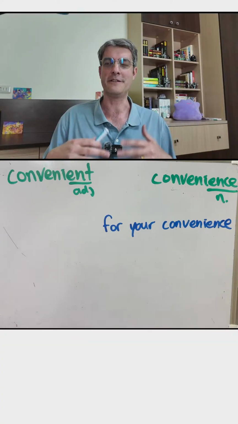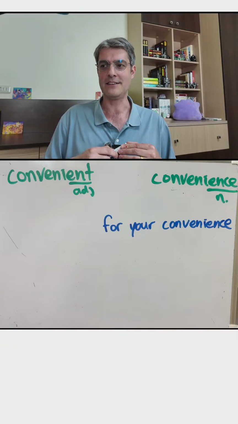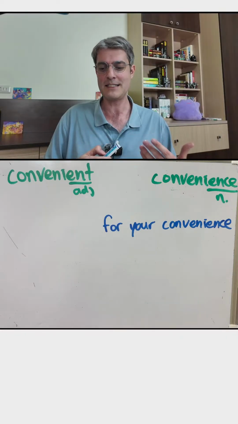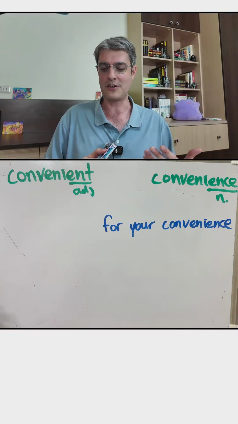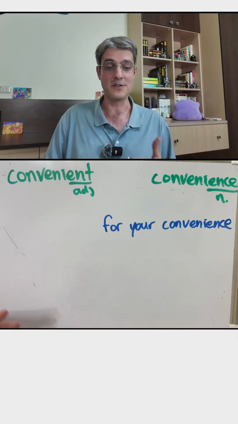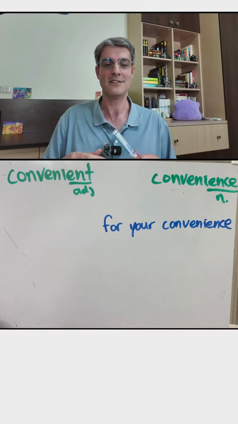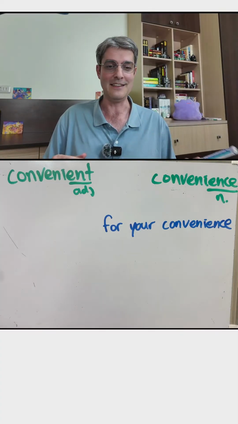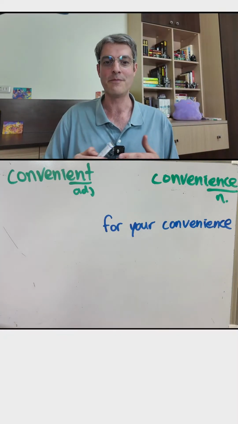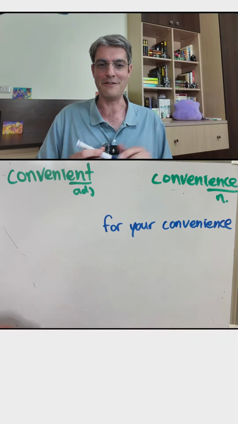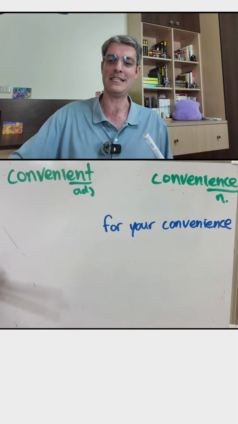So maybe if the hotel you're staying at has a small office you can use, they might say that there is a printer that guests can use for your convenience, right? To make your stay easier and to make any work you do at the hotel more convenient, right? So it is for your convenience.